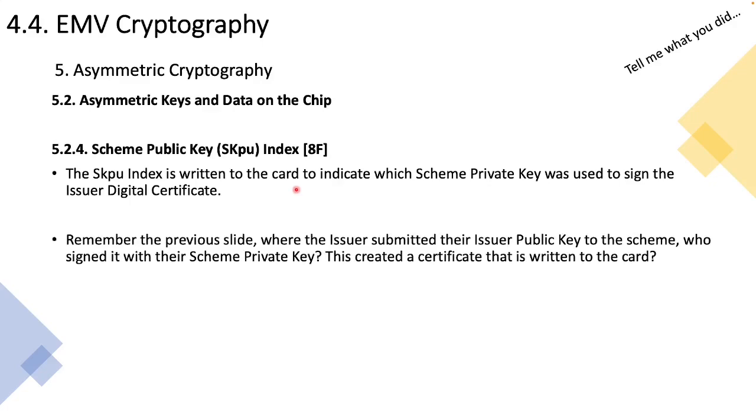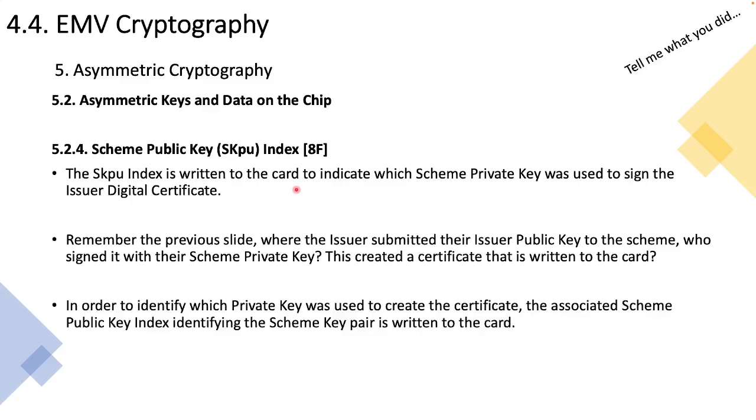So in order to identify which scheme private key was used to create a certificate, the associated scheme public key index, identifying the scheme key pair, is written to the card.